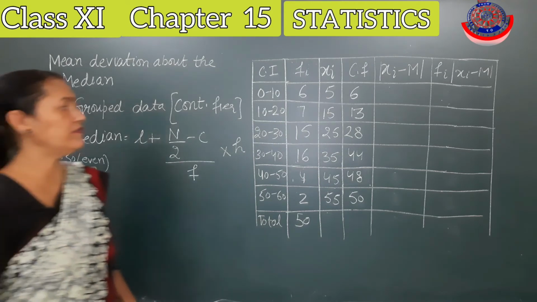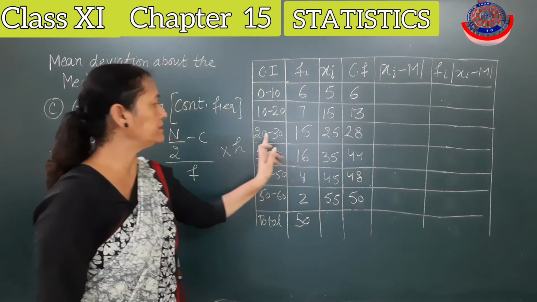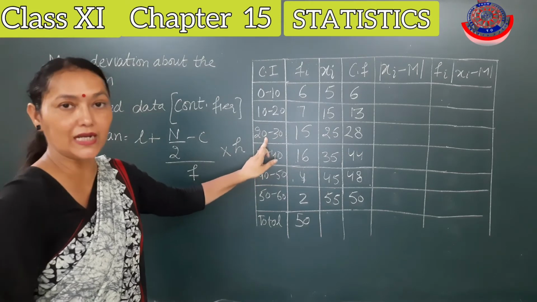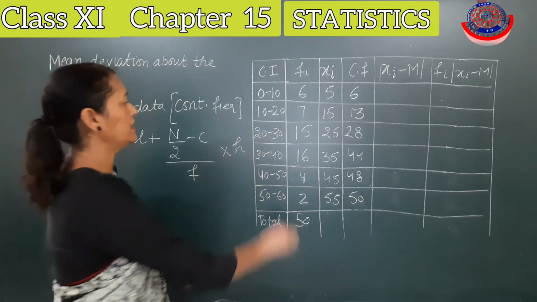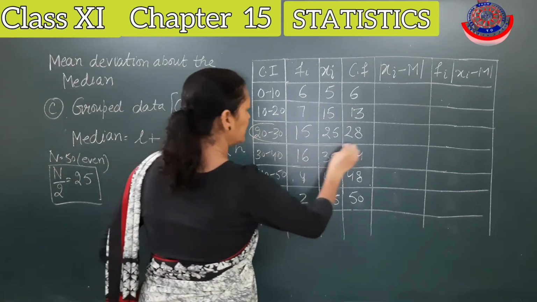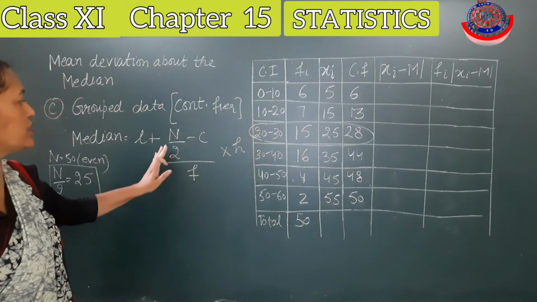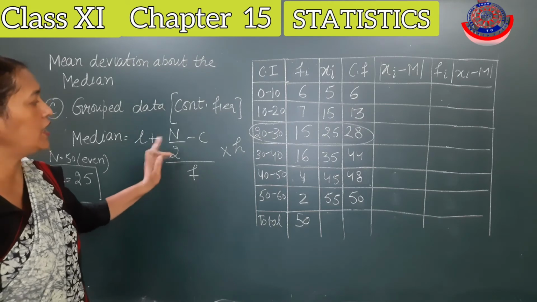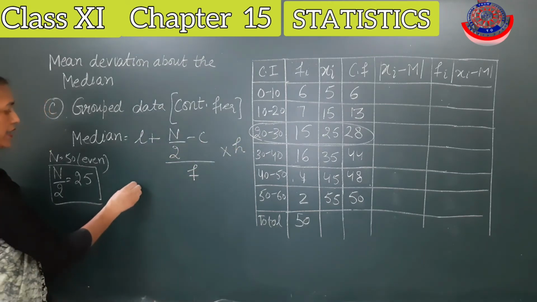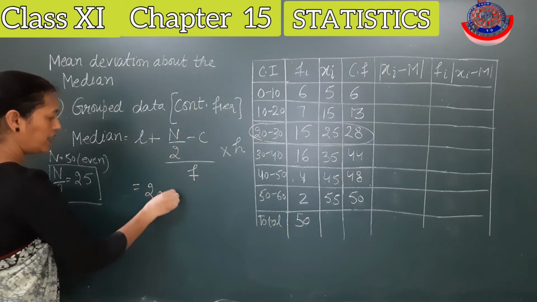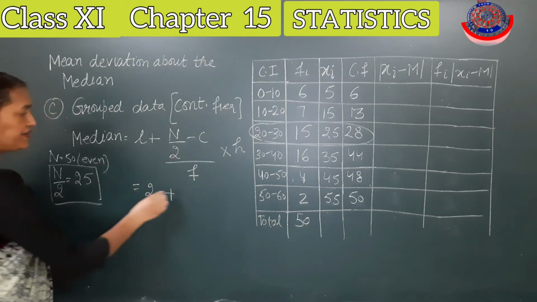Now 25 lies in this group. So this 20 to 30 class interval is the median class. For this median class, according to this formula, we will be putting the values. Lower limit is 20. N by 2, 25.